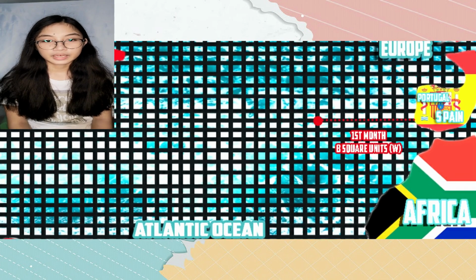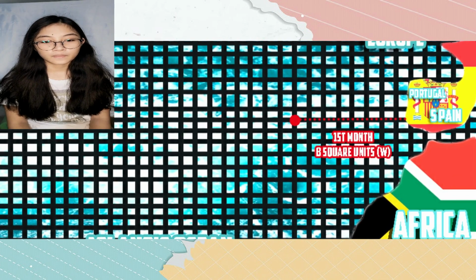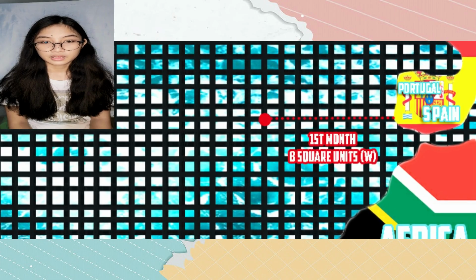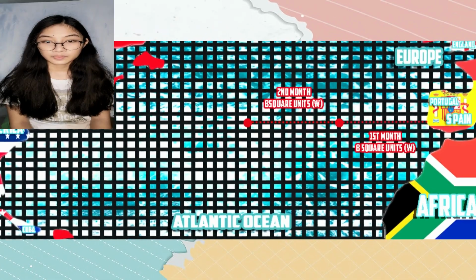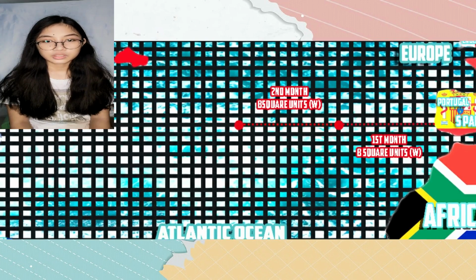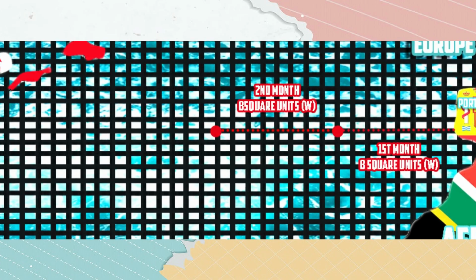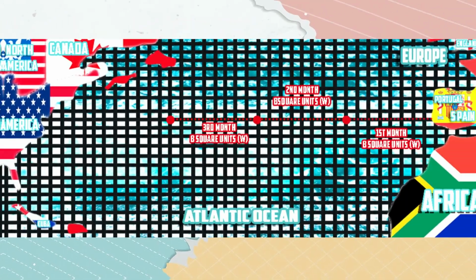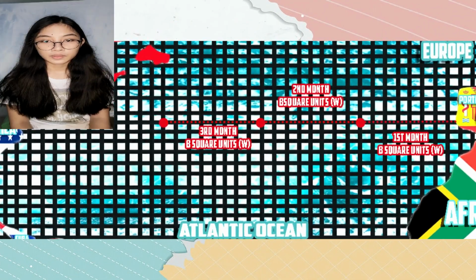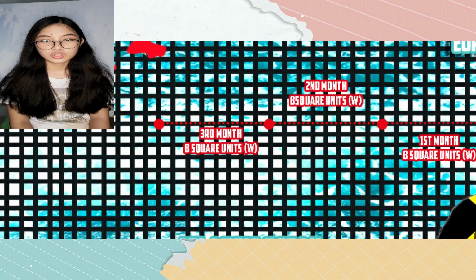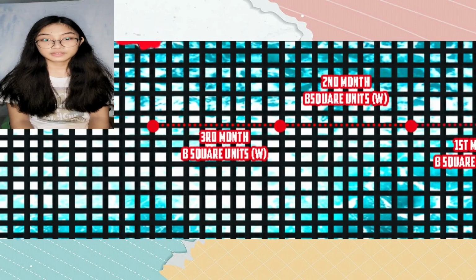It will be 8 square units to the west on the first month. It will be 8 square units to the west on the second month. It will be 8 square units to the west on the third month.